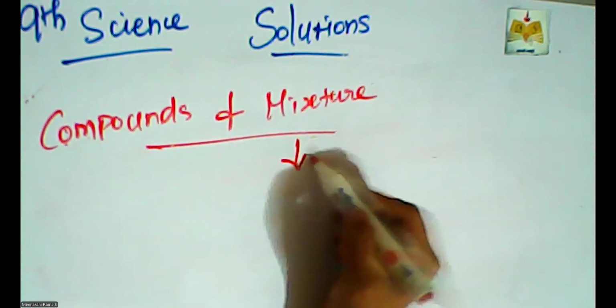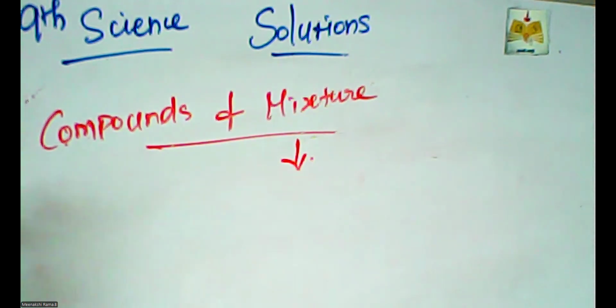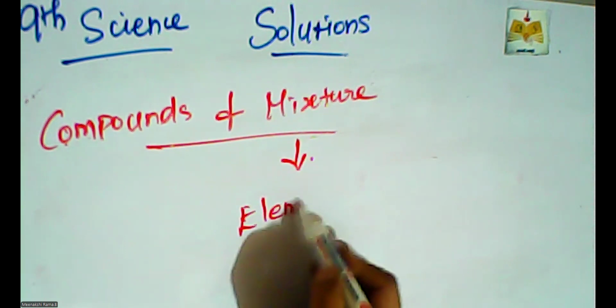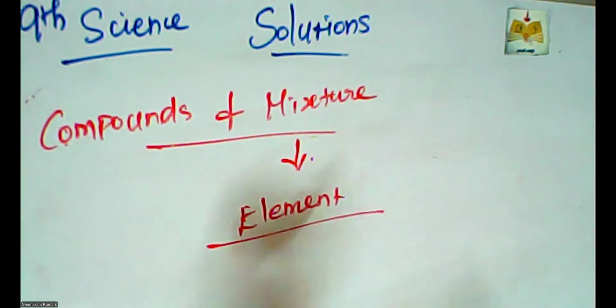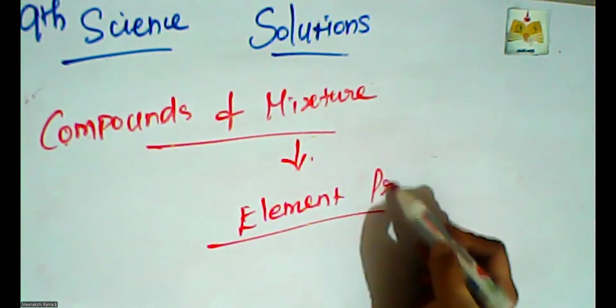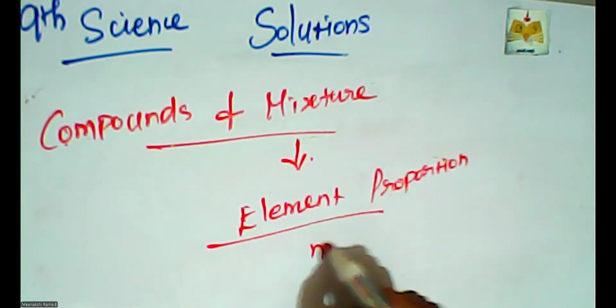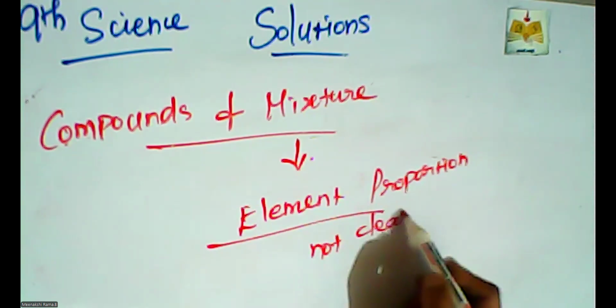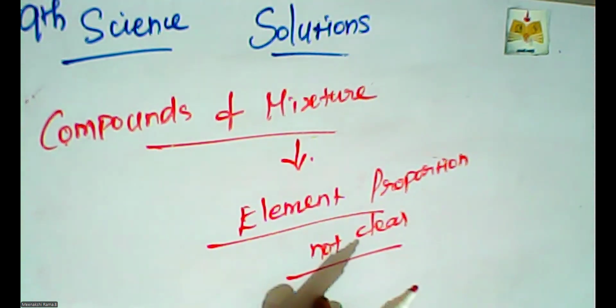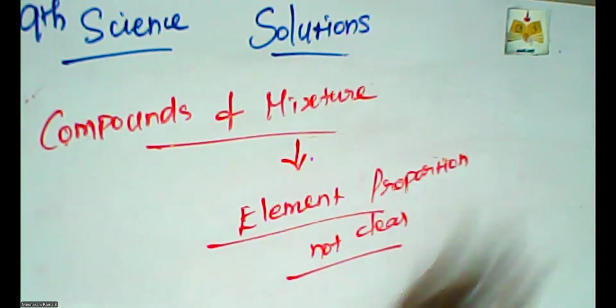Different kinds of elements are joined to form one mixture. The element proportion is not clear. This kind of joining is called a mixture.